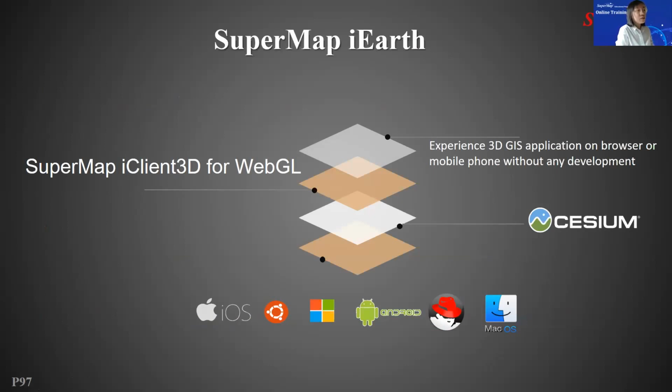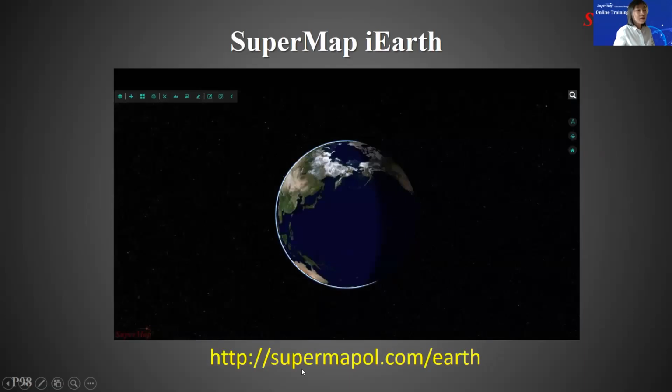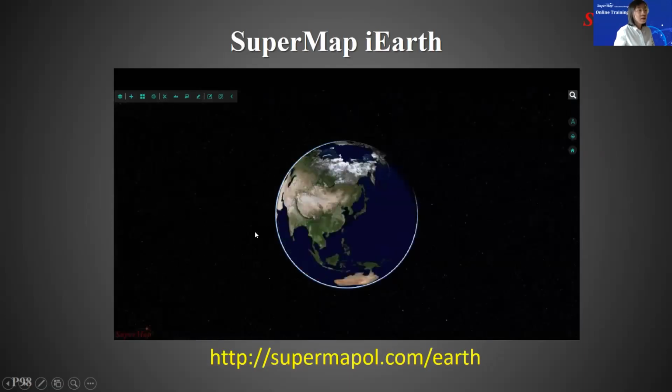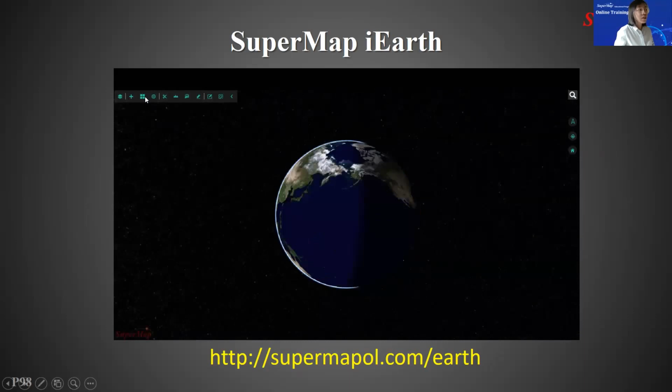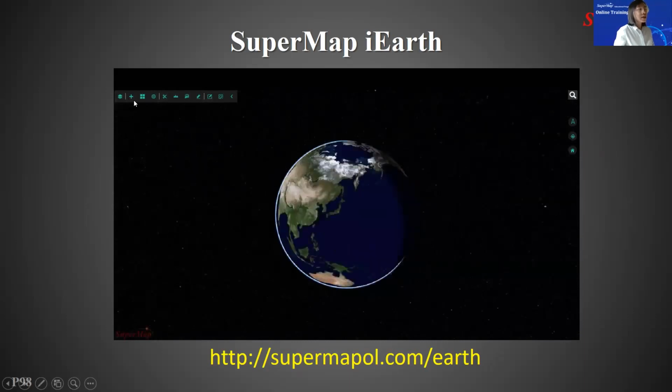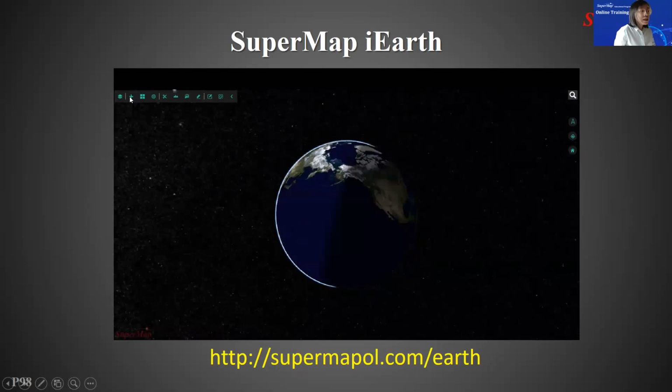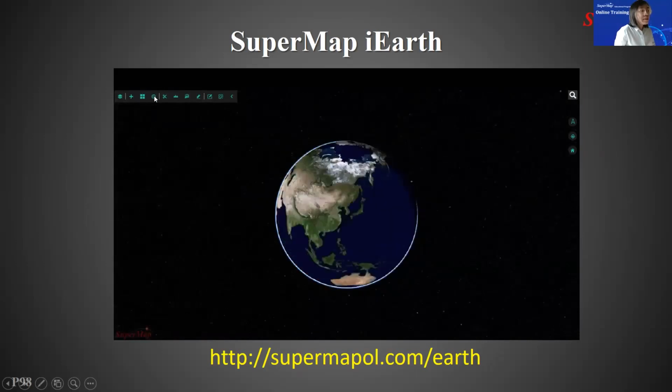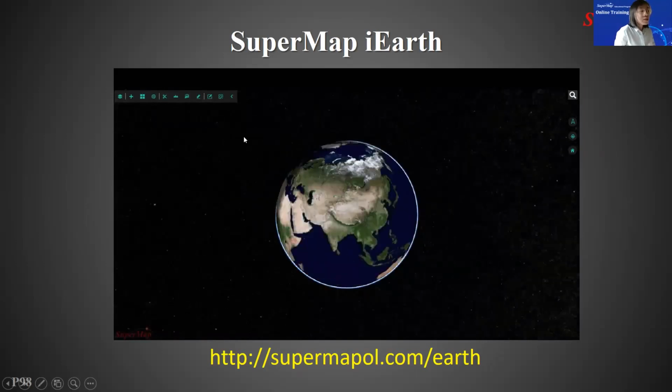SuperMap iEarth helps you create 3D applications, and you can also extend the functions based on SuperMap iEarth. This is the SuperMap iEarth link. You can see we added a lot of functions, like adding a 3D layer, changing the base map, and 3D analysis.